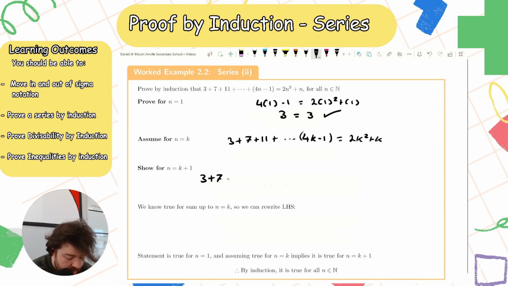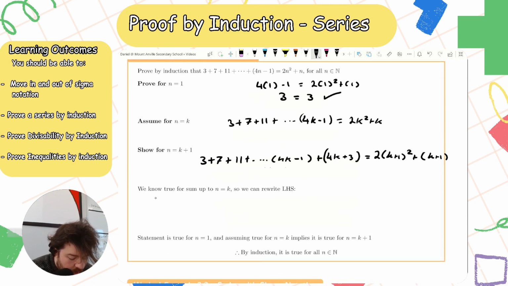The 3 plus 7 plus 11 plus ... plus 4k minus 1, then my next term here will be 4 times k plus 1 minus 1, which will equal 4k plus 4 minus 1 is 3. So this will be 4k plus 3, equal to 2 times k plus 1 squared plus k plus 1.